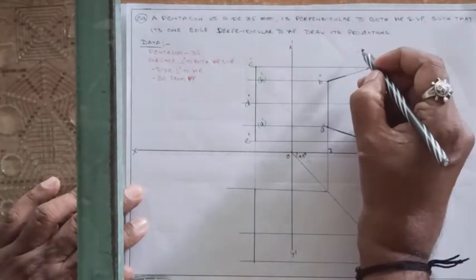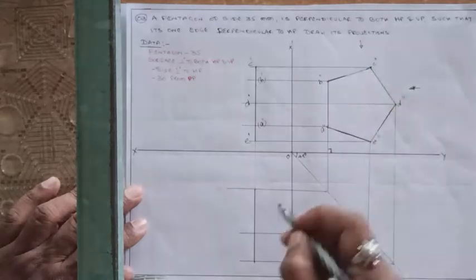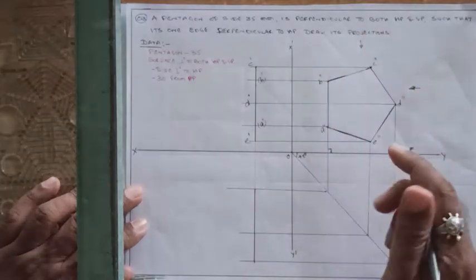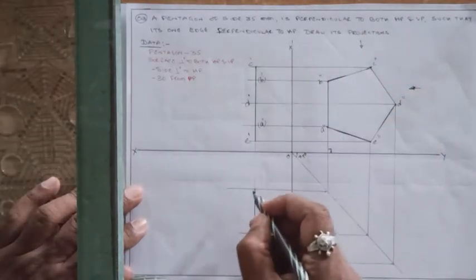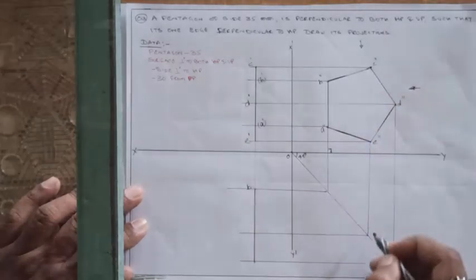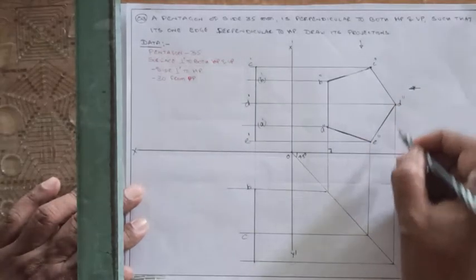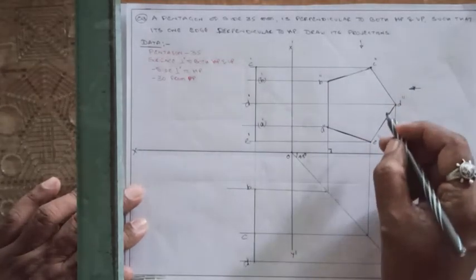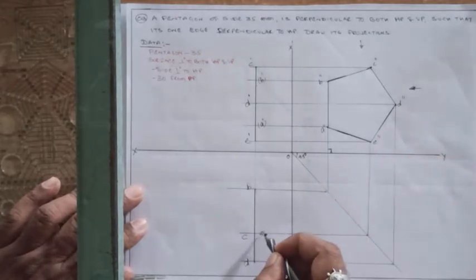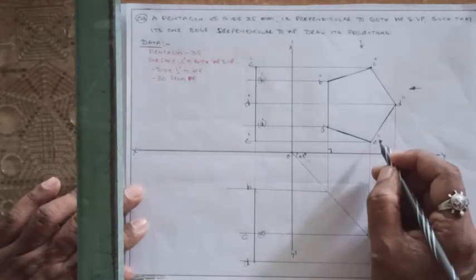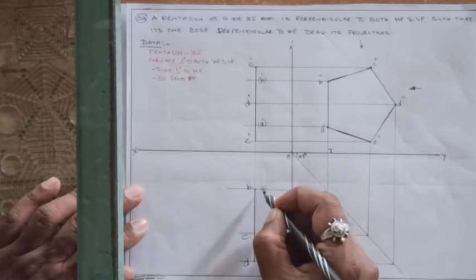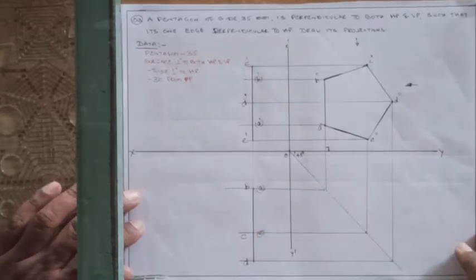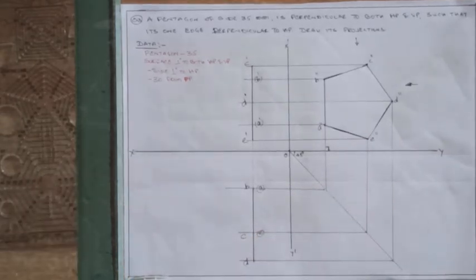Similarly for marking the notations in the top view, looking from the top, which is visible? B is visible, C is visible, D is visible, E is not visible in brackets, and A is not visible in brackets. That's all. Now it completes the construction.